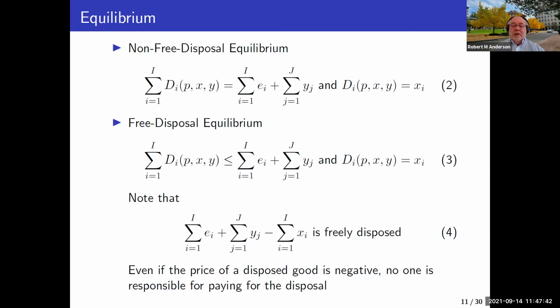That's not prohibited, but it's then got to be either dispersed into the atmosphere in a way we account for, we don't just ignore it, or it's sequestered or something else is done to eliminate it. But the equality sign in non-free disposal equilibrium means that we account for that CO2 that's produced.